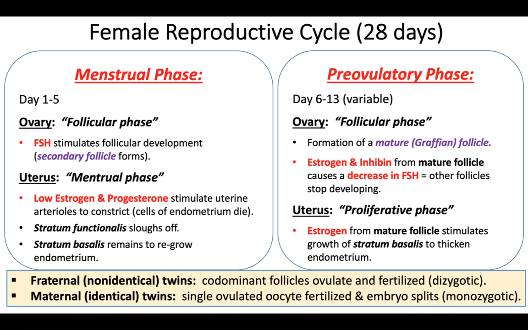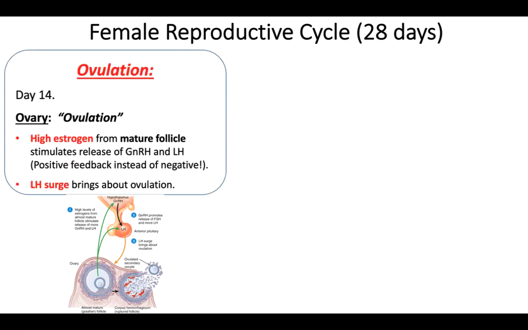Okay, so now we're on to the big day, day 14. What happens? Well, the high estrogen from the mature follicle, all of a sudden, because it gets to a certain level, it switches from negative feedback to positive feedback. And it's positive feedback for LH. So notice here's this mature follicle. It's producing estrogen, right?